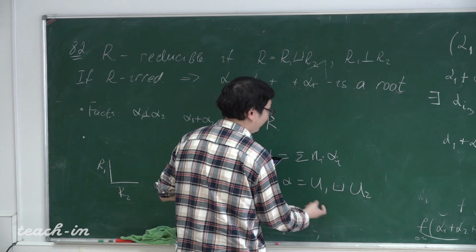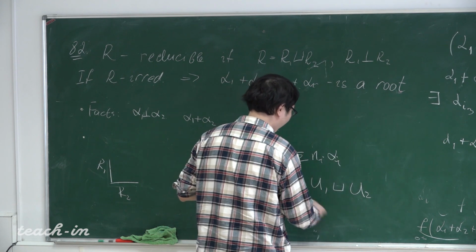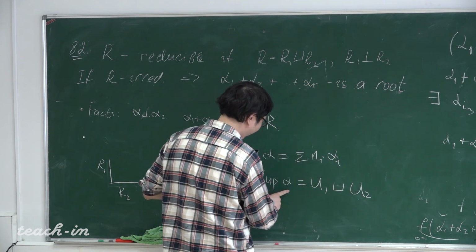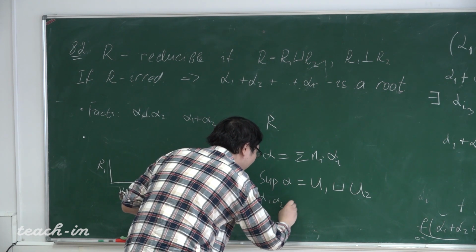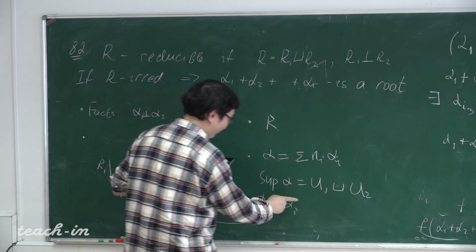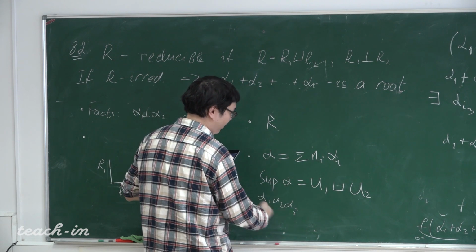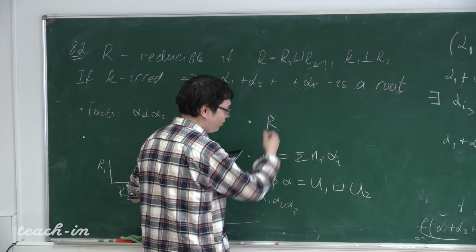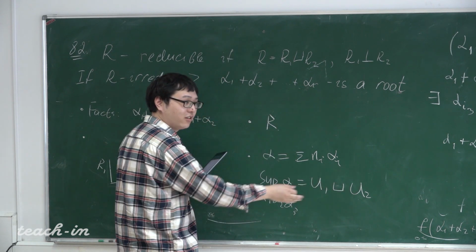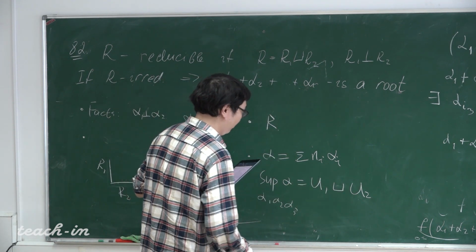If this happened, what does it mean? It means in the subspace, you just consider the span of the support of alpha. If there are three simple roots, you consider these three as a subspace. In your root system you can have more, but we just consider the simple roots.